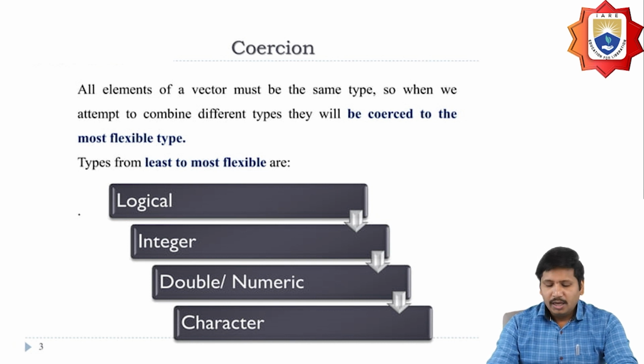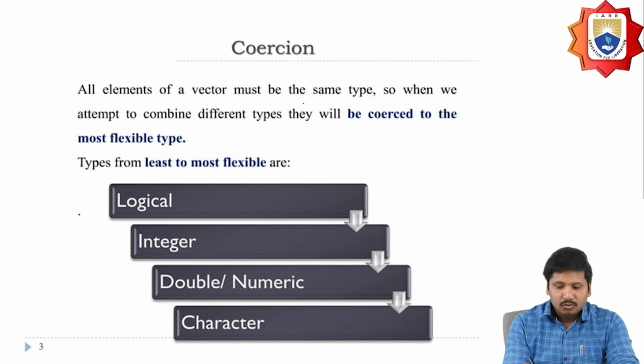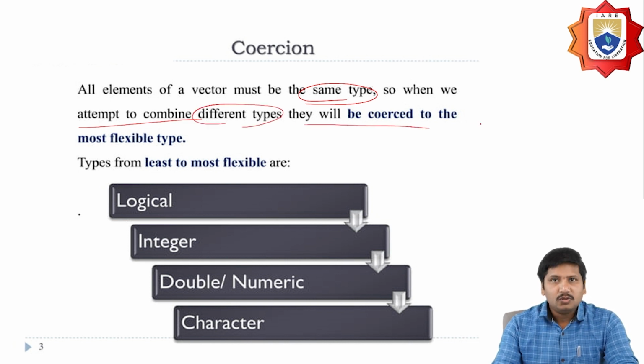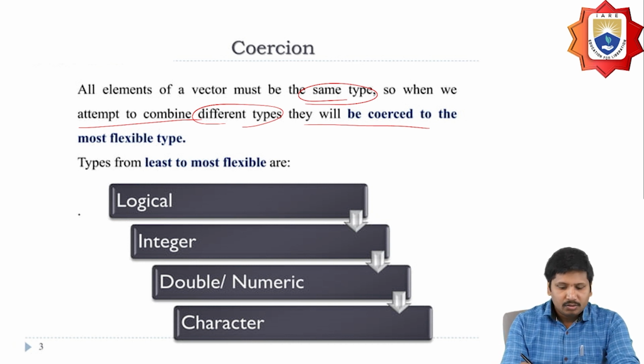So all the elements in the vector should be of the same type, and if we attempt to combine different types, they will be coerced to the more flexible type. Normally the hierarchy is logical to integer, integer to numeric, and numeric to character.